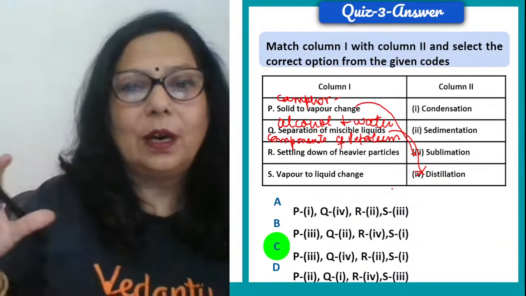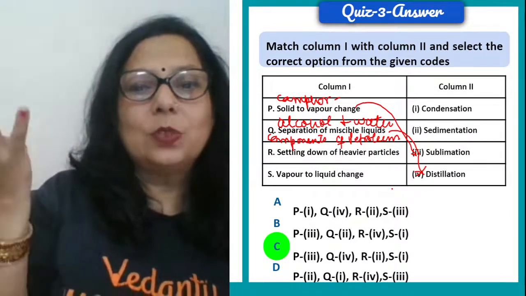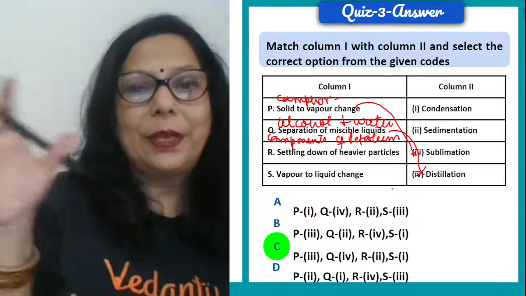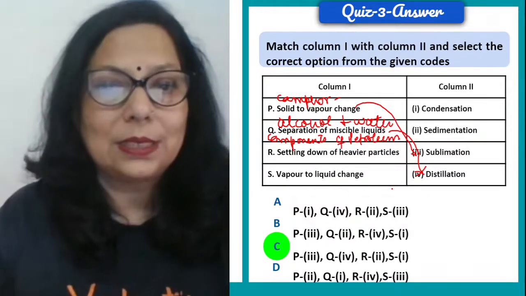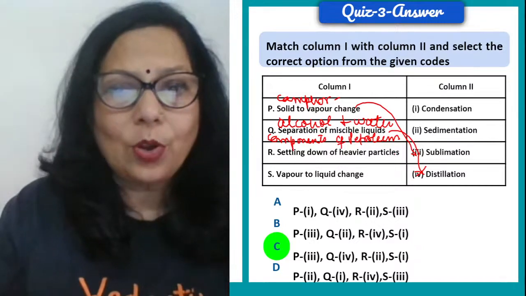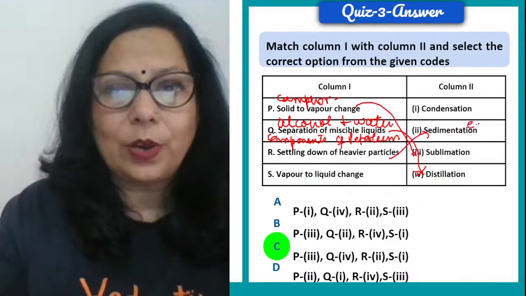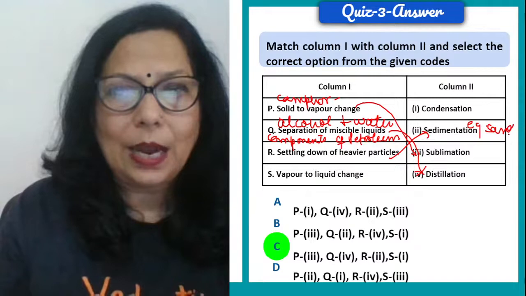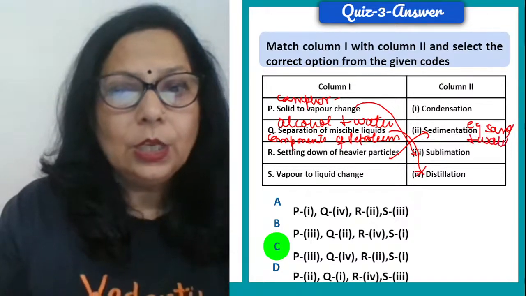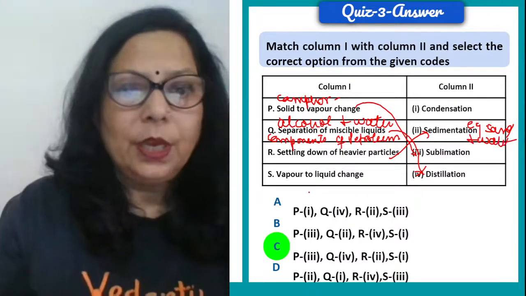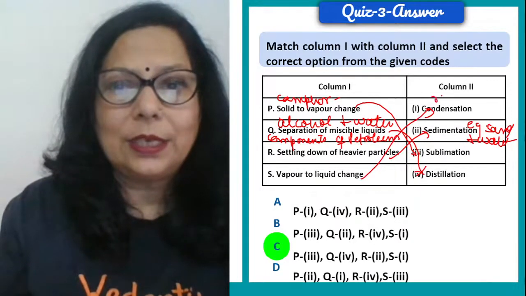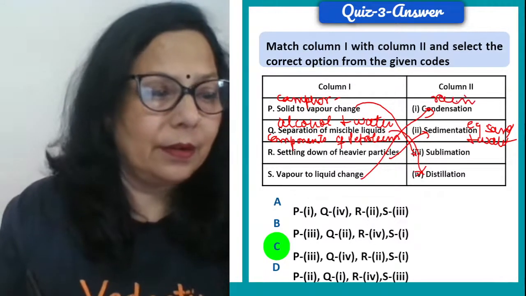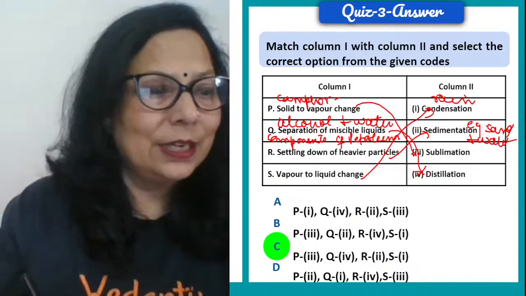At different boiling points the substance will go into the vapor state and then it will be condensed through the condenser. This is called distillation. Settling down of heavier particles is sedimentation, for example sand and water. Sand will settle at the bottom. Vapor to liquid is absolutely condensation, for example rain. So all examples are clear to you?